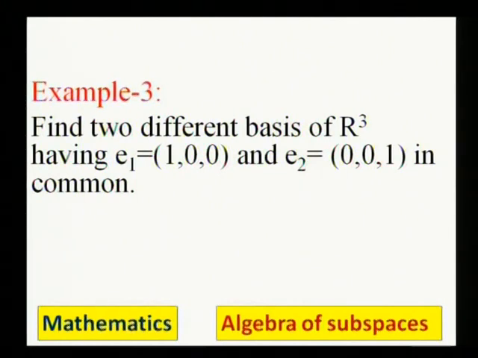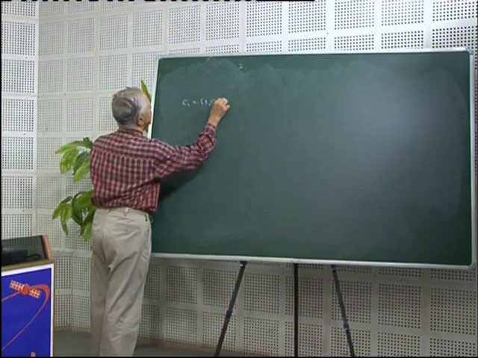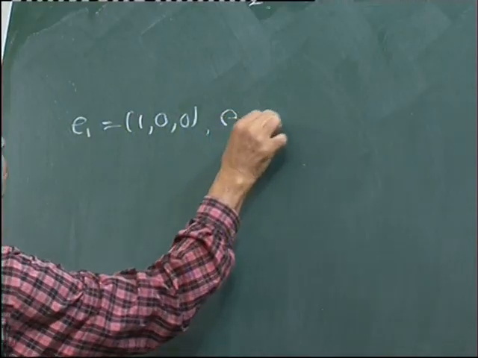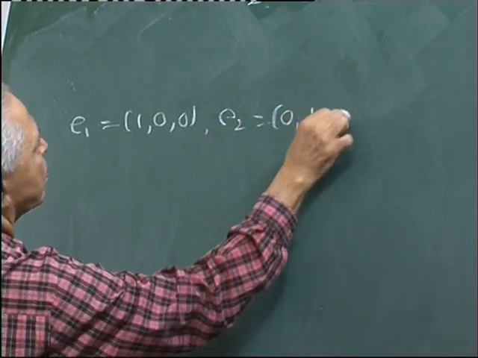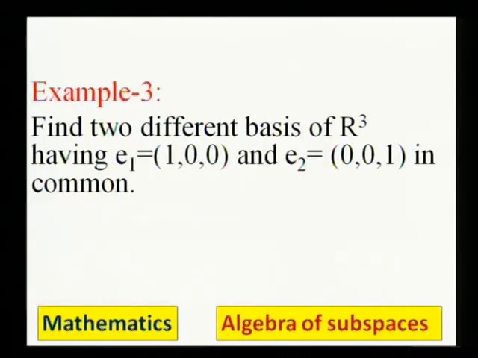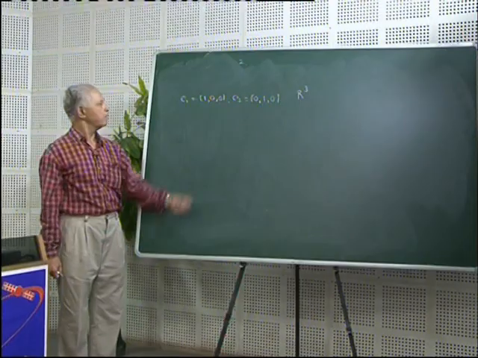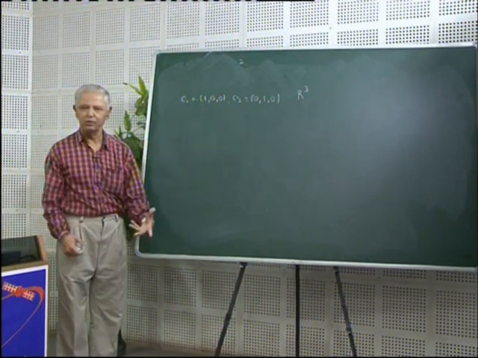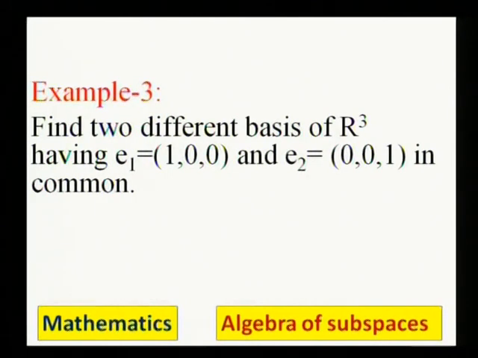First example is this: you are given two vectors E1 equal to 1 0 0 and E2 equal to 0 1 0, two basis elements of the space R3. Dimension of R3 is 3. So, we have to extend these two vectors to a basis, and we know that any linearly independent set can be extended to a basis.